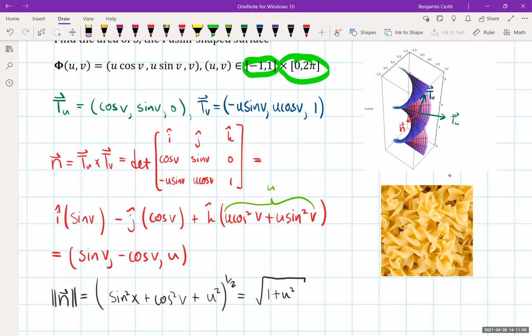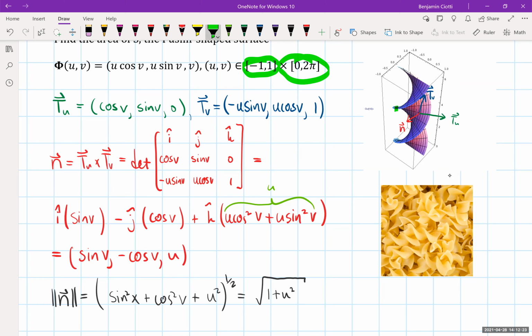Krishna asked if these are polar coordinates. Kind of close. You'll notice the z component here changes with the angle, which is a little bit different. So they're related.